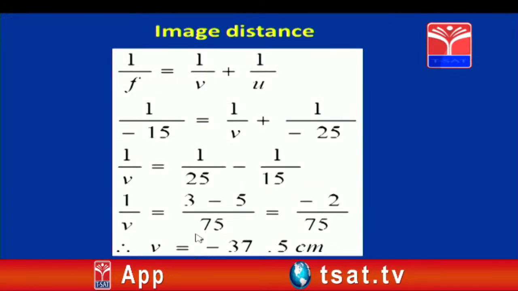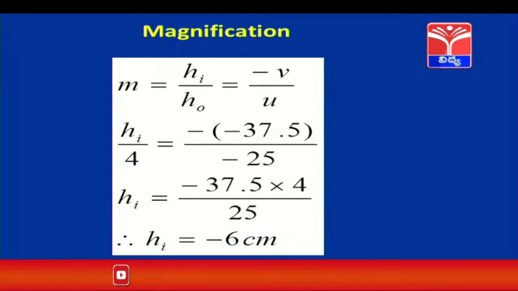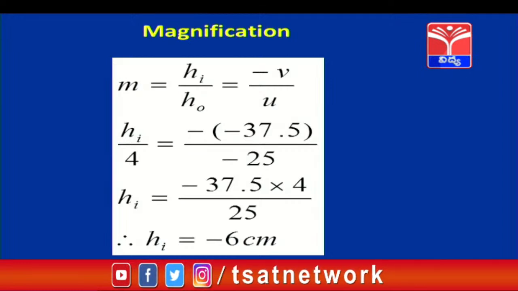Okay, children? From this, what did we understand? The image is formed beyond C. That means it should be a real image and it should be an enlarged image. So, let us see if we are getting an enlarged image or not. M is equal to HI by HO is equal to minus V by U. This is the formula for magnification. HO is equal to plus 4.